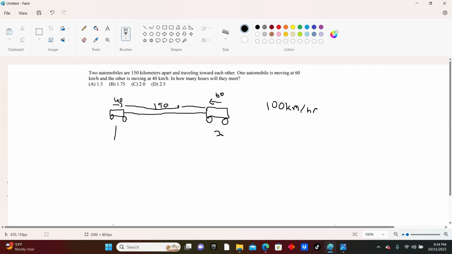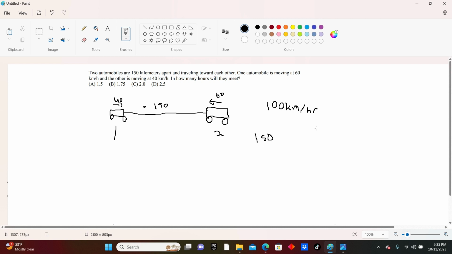That total equals 150. If their meeting point was like here, so this car goes here, this car goes here. Again, they're traveling 150 total distance.